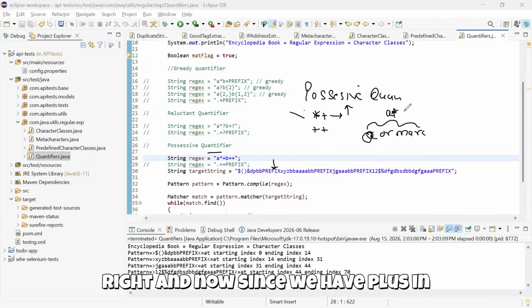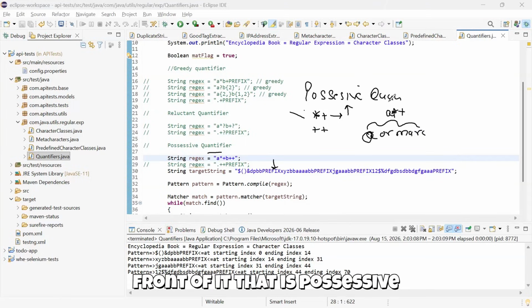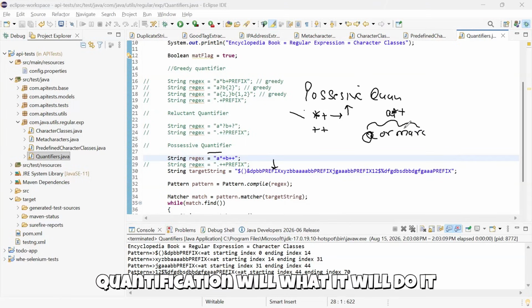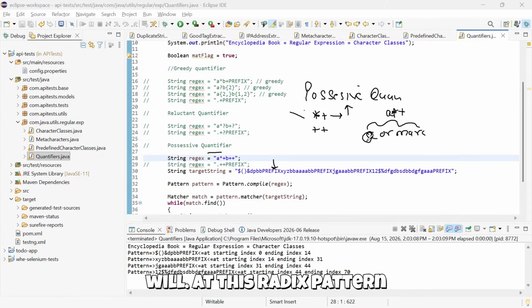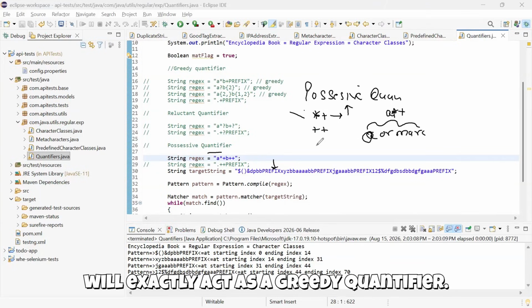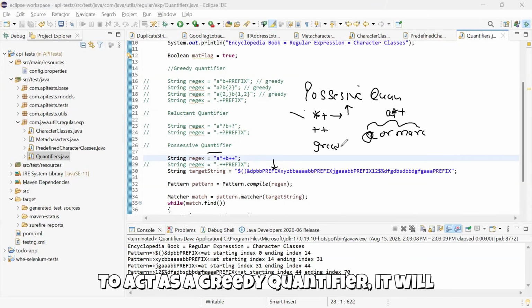And now since we have a plus in front of it, that is possessive quantification. This regex pattern will act exactly as a greedy quantifier.